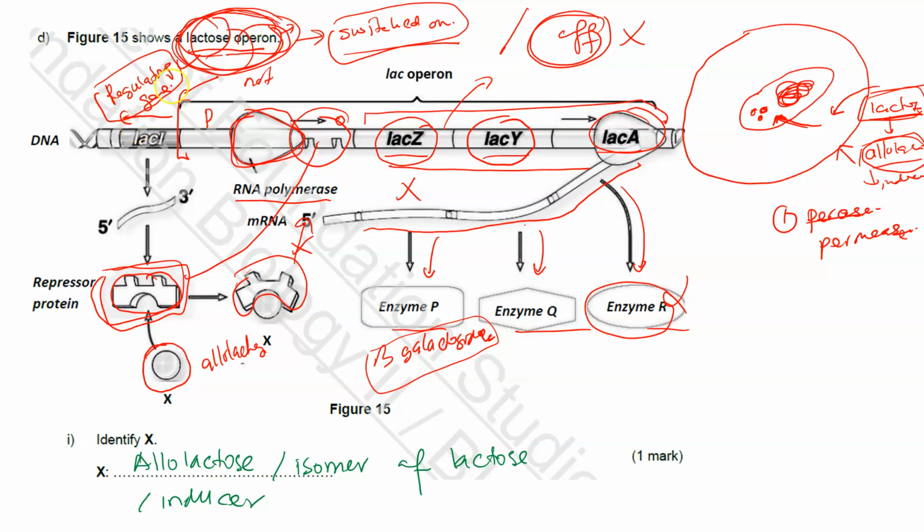Dengan cara apa? Regulatory gene will produce mRNA that synthesizes the repressor protein. Regulatory gene is not part of the operon. Cuma fungsi dia adalah untuk menghasilkan repressor protein tu. Okay, so identify X tadilah ni kan, sama ada allolactose ataupun isomer of lactose or function as inducer.